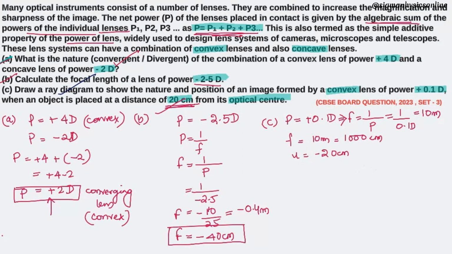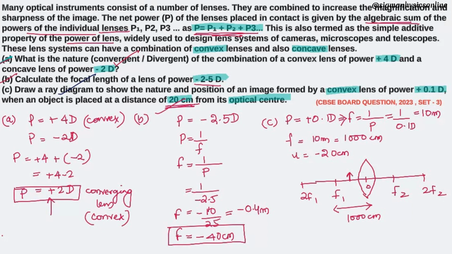So let's draw the ray diagram. This is a convex lens. This is the optical center. This is F1, F2, this is 2F1, and this is 2F2. Now if the focal length is 1000 centimeters, so let's say this be 1000 centimeter. The object is situated at 20 centimeters, so our object will be situated here.